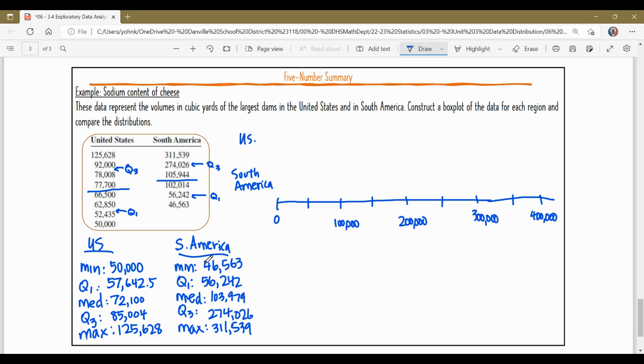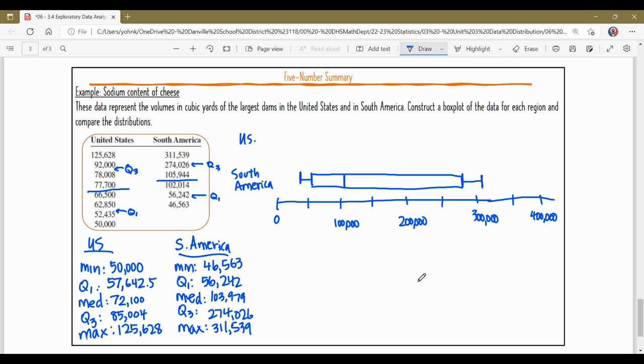Okay, so South America first. Minimum is 46. So that would be just to the left here. Q1 is 56. That's on the other side. Median's 103. Q3 is 274. Wow, it's all the way over there. And the max is 311. All right, so here is South America.